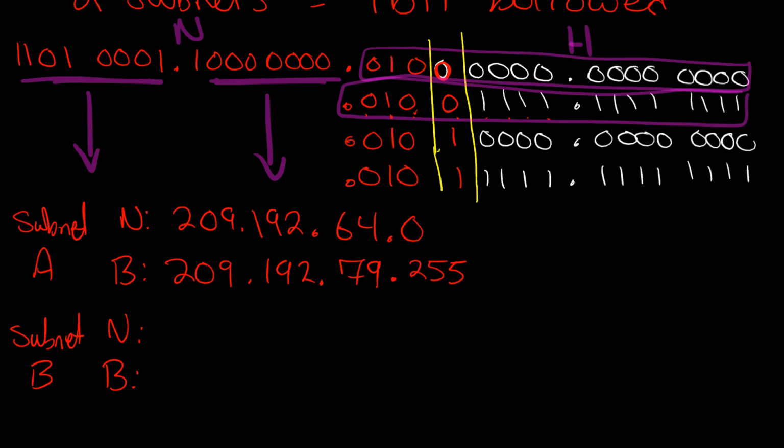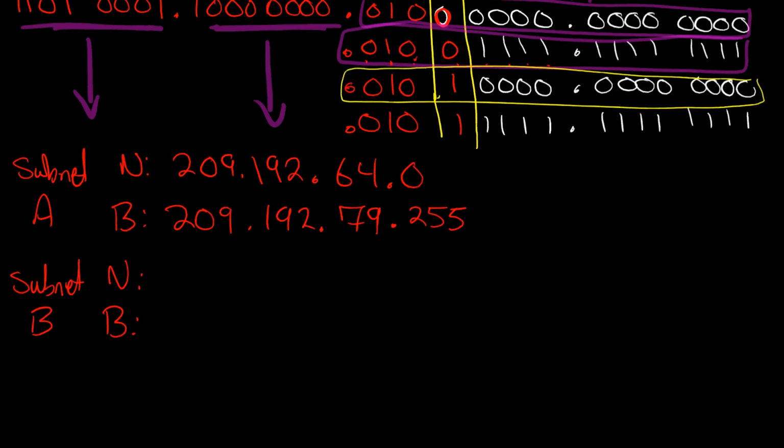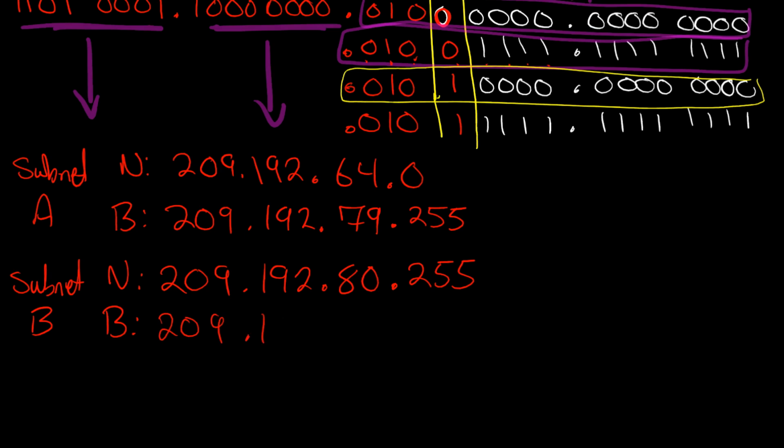We're going to look at subnet B's network address, which is going to give us 209.192.80.0. And then we're going to have a broadcast of 209.192.95.255. That's coming from this subnet section down here.